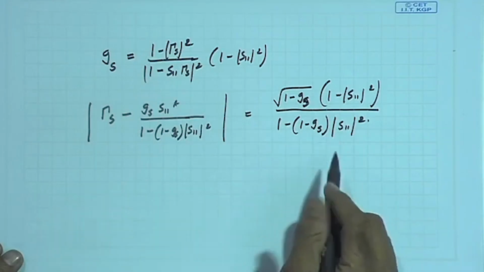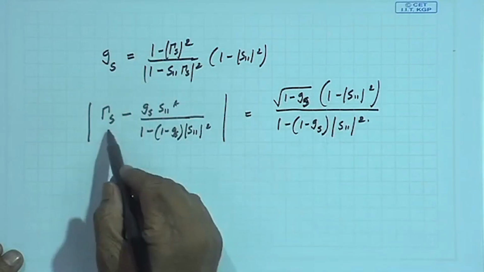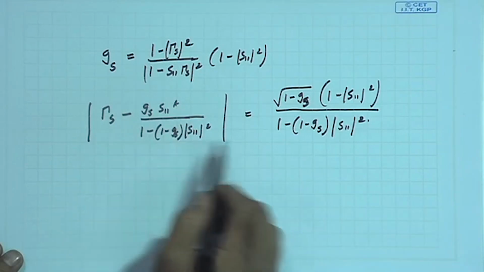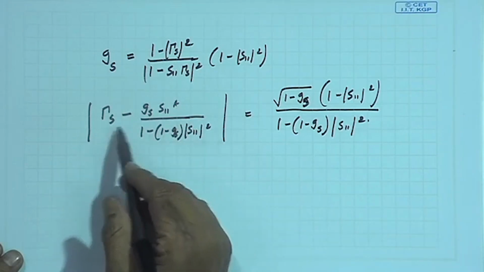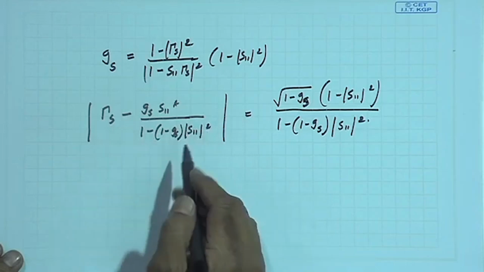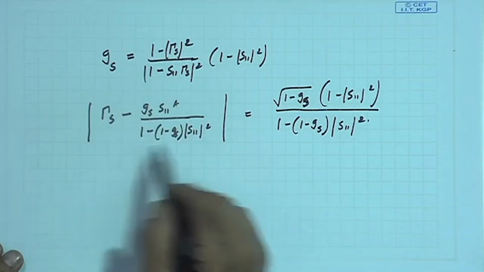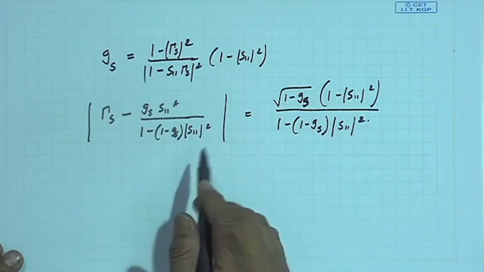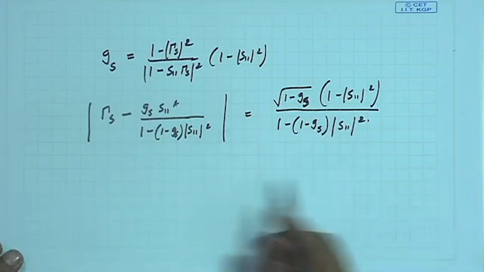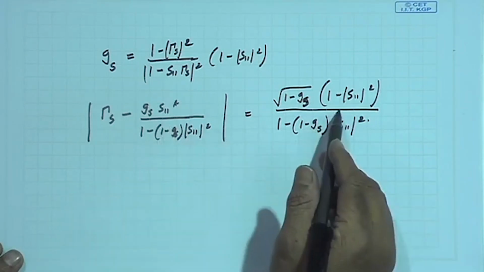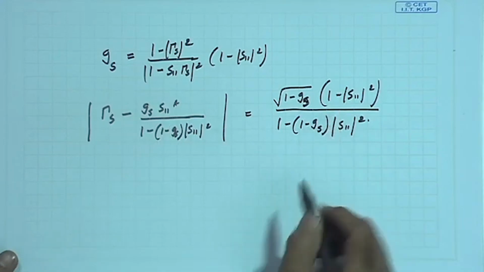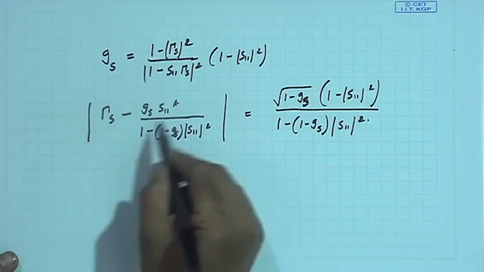Now, what is this? In the Smith chart, if we plot this locus, can I say this is same as before? This is an equation of a locus, this locus will be a circle with this as center, this as the radius. So, we call that. Now, what is this?